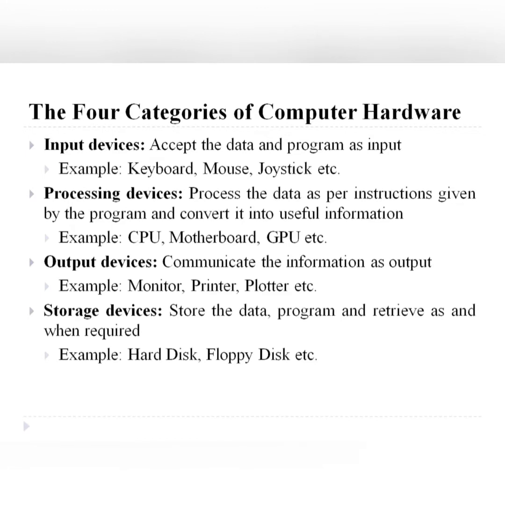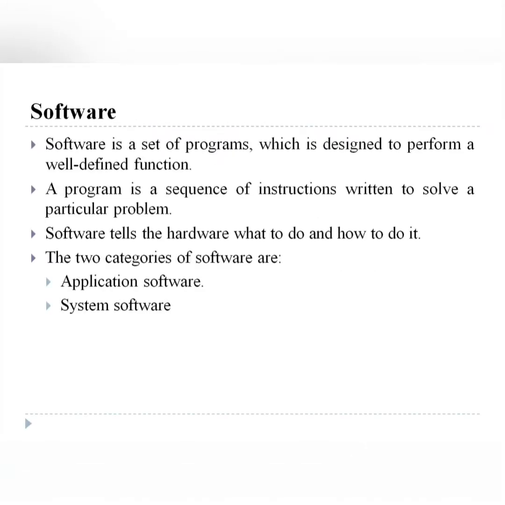Examples: monitor, printer, plotter, etc. And the storage devices. These devices are used to store the data or program, and also to retrieve that data whenever required. Examples: hard disk, floppy disk, etc. We will discuss all these categories in detail in coming sessions. Now you know what is hardware.